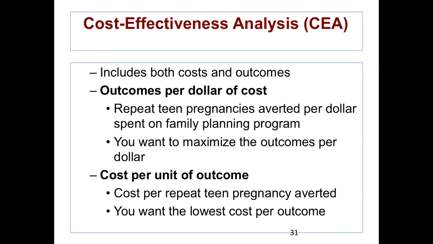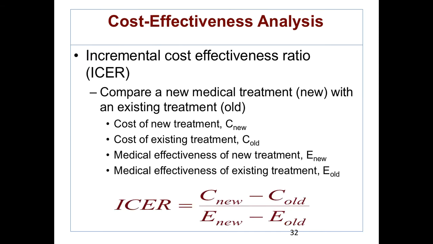So cost per repeat teen pregnancy averted, you want the lowest cost per outcome, right? You can say that the cost of one averted teen pregnancy, for example, is $1,000, or in terms of outcomes per dollar of cost, you can say that one teen pregnancy averted per $1,000. So you can say it both ways, basically.